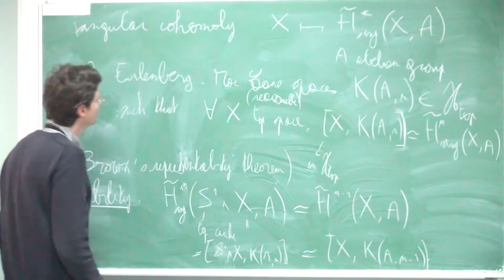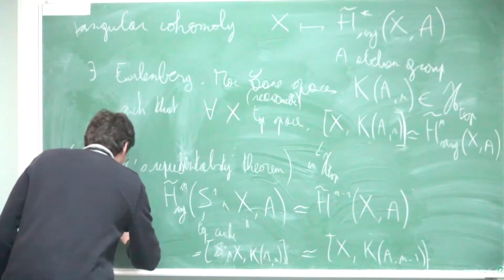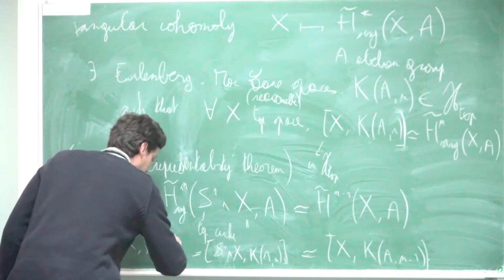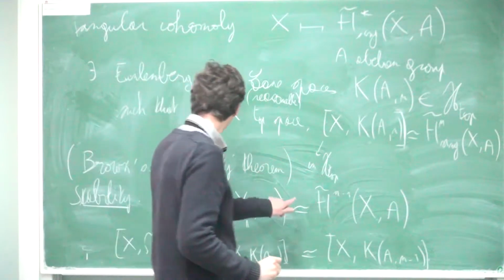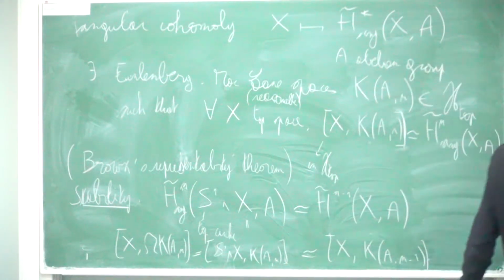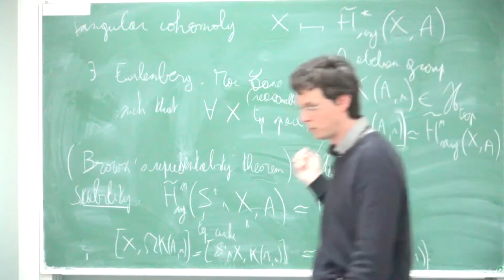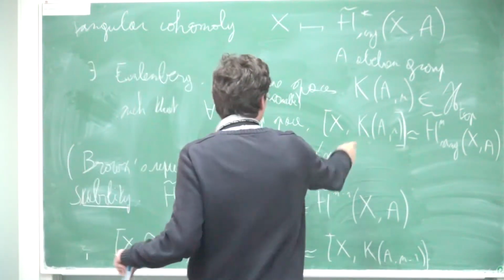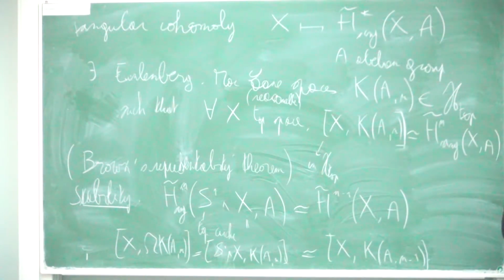It admits a right adjoint in the unstable homotopy category, which is the loop space functor. And so this is simply maps from X to ΩK(A,n). What we derive from this stability property of singular cohomology is that ΩK(A,n) is isomorphic to K(A,n-1). So the Eilenberg-MacLane spaces for A fixed are not unrelated. On the contrary, they are related by this property.